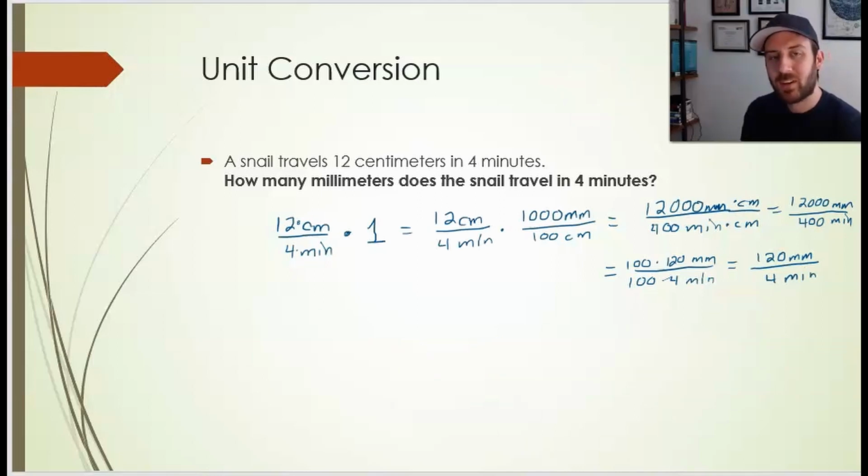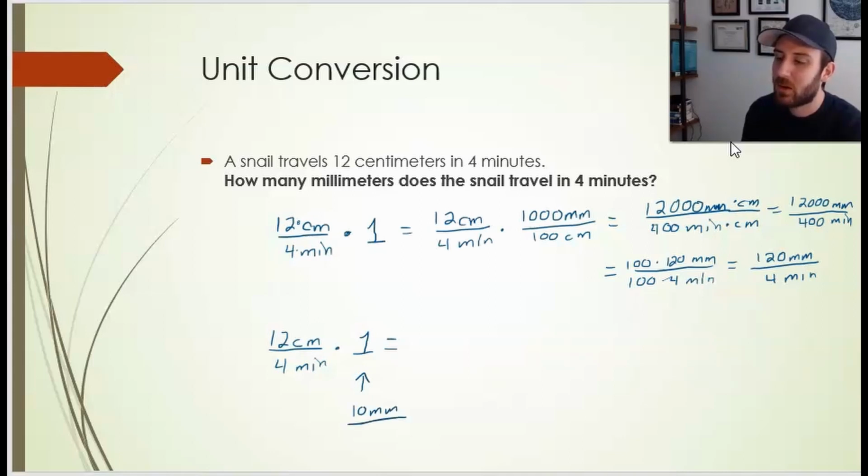Now, if you knew that there are 10 millimeters in a centimeter, you could have done this problem with that information as well. We could have, instead of relating everything back to 1 meter, started with 12 centimeters over 4 minutes, recognize that there's a hidden number 1 that we can always reveal. And instead of this 1, we could write down that there are 10 millimeters for every 1 centimeter.